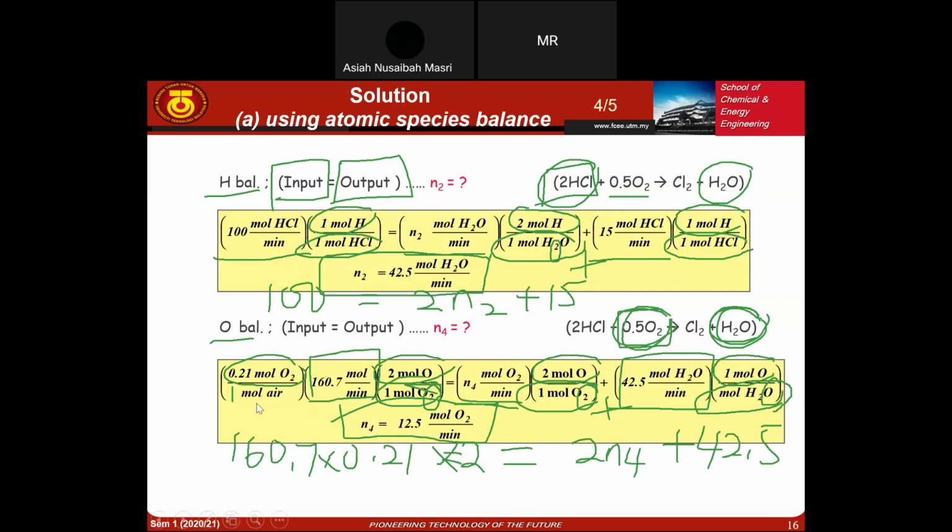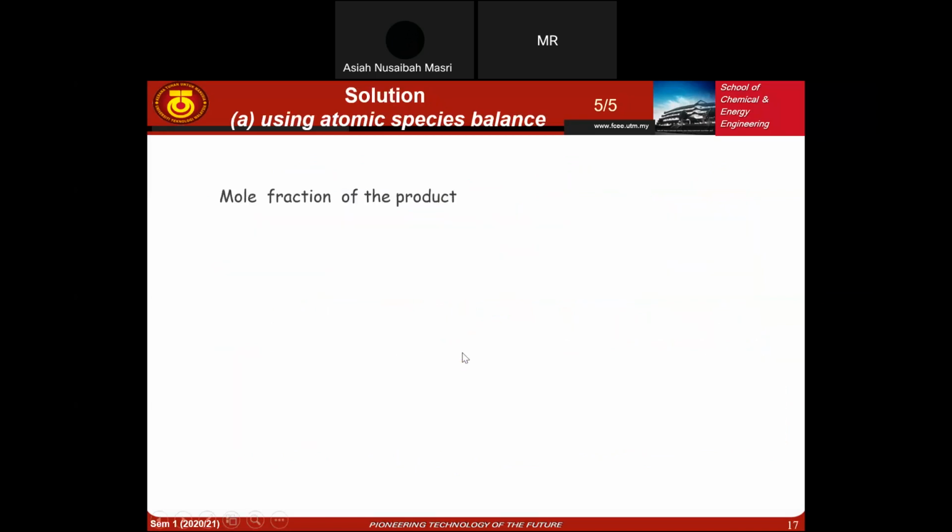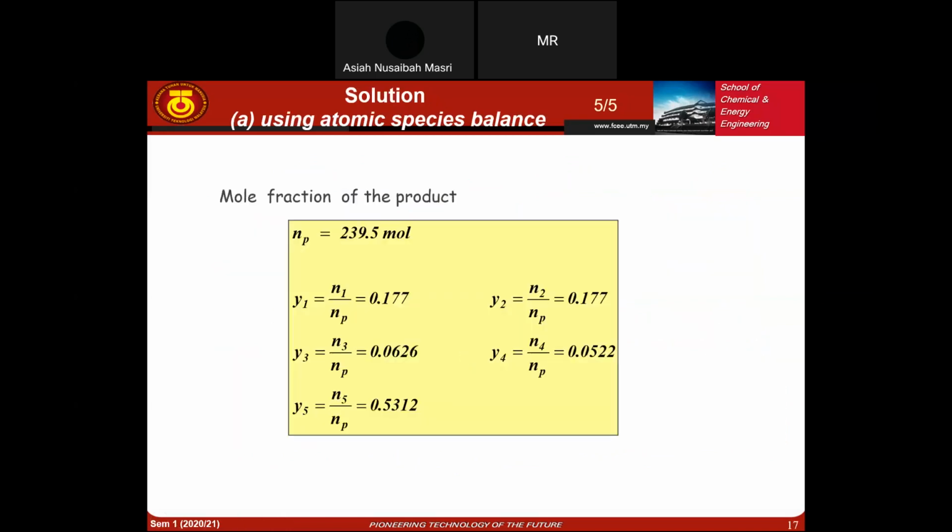Now we have solved all of the variables. Knowing N1 up until N5, we can calculate the flow rate of the mixture by simply adding up N1 up until N5. We got N product equals 239.5 mole per minute.